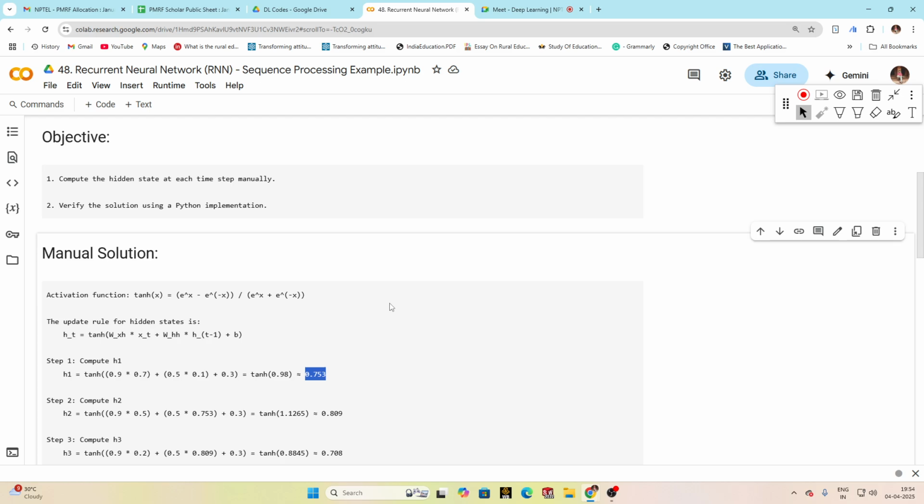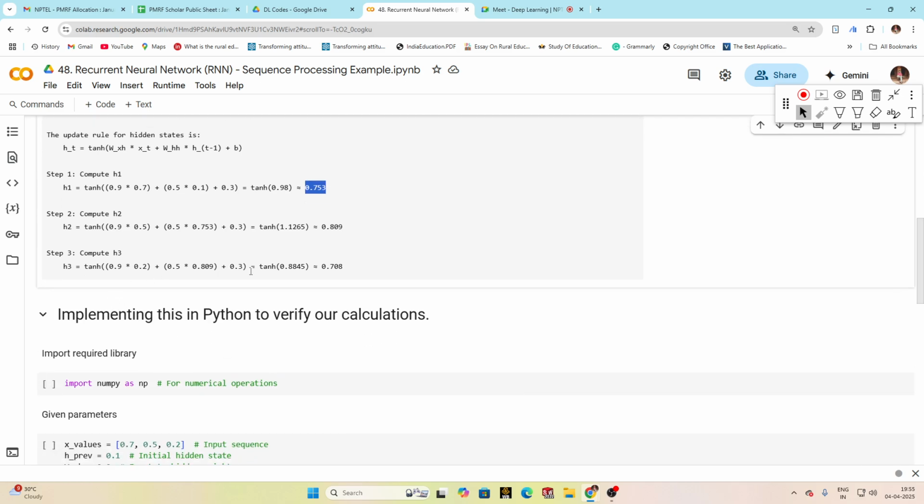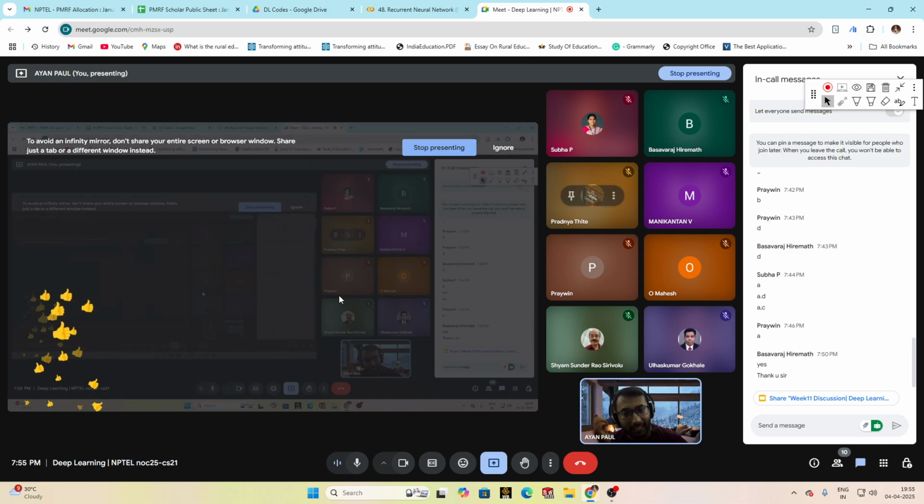That will be softmax or any other function. Just apply the function and you will get the output at time step 1. Similarly you can find the output at time step 2, and at time step 3.